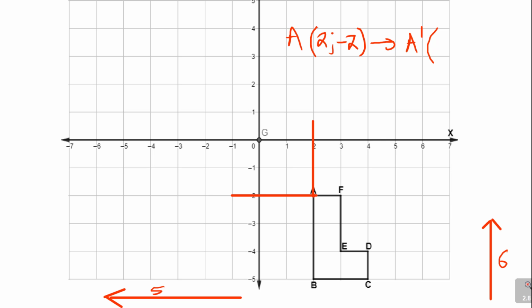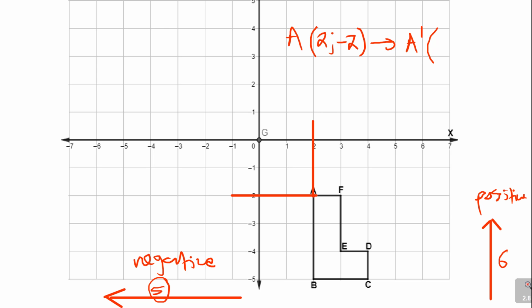To the left is negative. Upwards is positive. Are you with me?